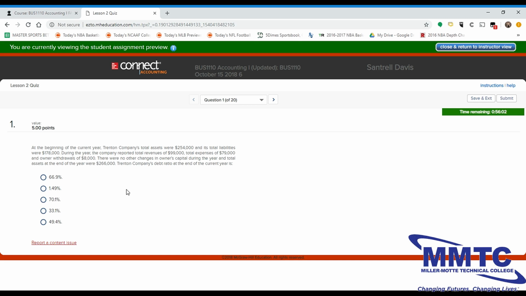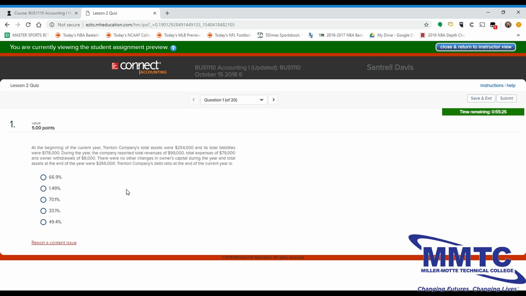Now we can compute equity because it gave us net income. Revenues minus expenses is your net income. But we also want to take out the withdrawals the owner took out from the equity. So 99K minus 79K minus 8K. What did that give us? 12,000. So 12,000 is your ending equity for this year.